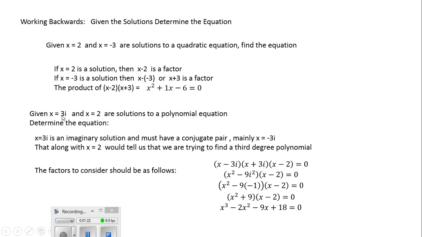If x equals 3i is a solution, and x equals 2 is a solution, determine the equation. Well, first off, we reason as follows, okay? If x equals 3i is a solution, that's an imaginary solution, and imaginary solutions always come in pairs.